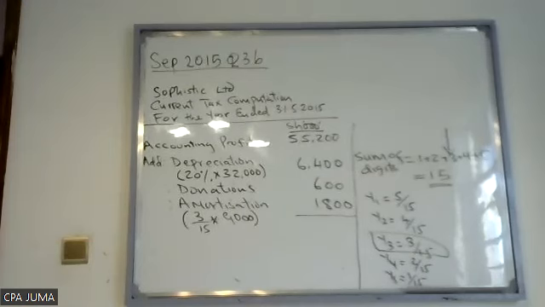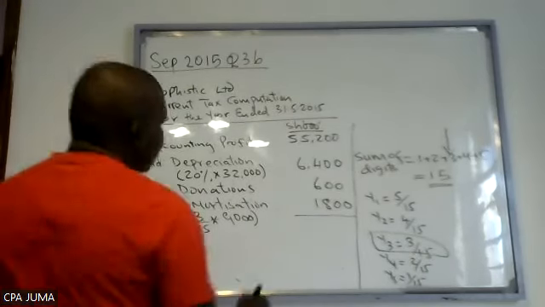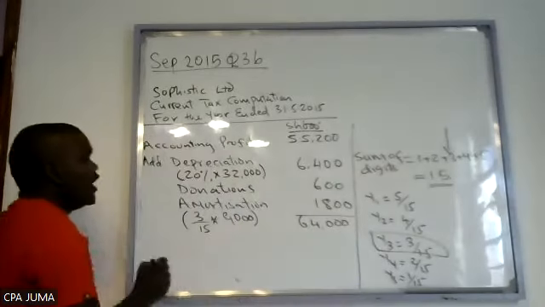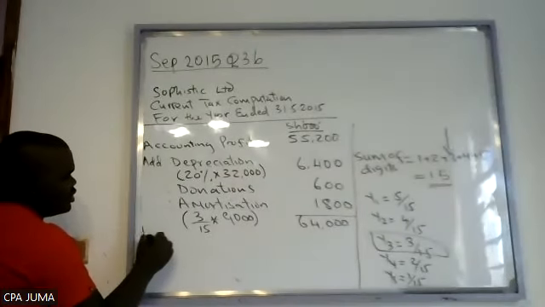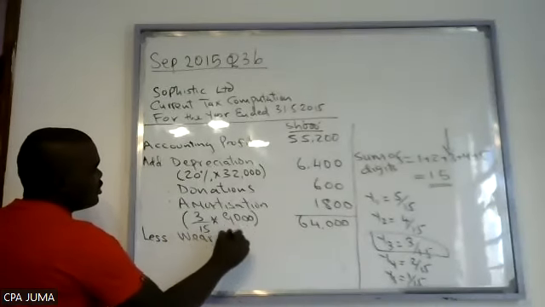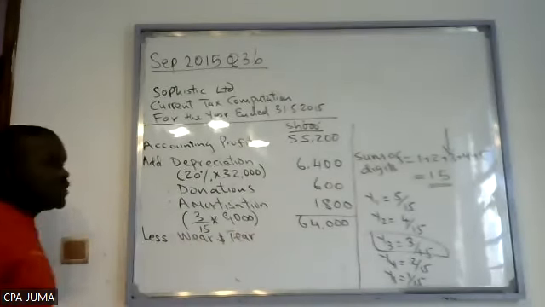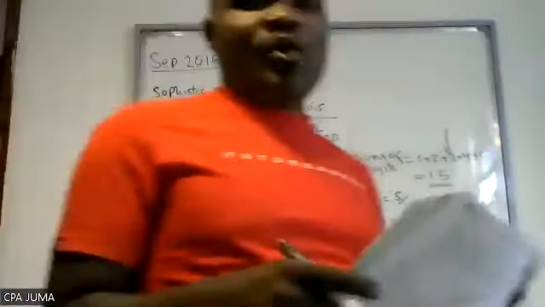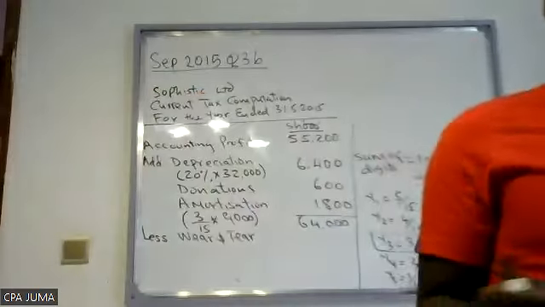Joy, 64,000. 64,000, that has been confirmed. Then now you less wear and tear. Wear and tear is the capital allowance.